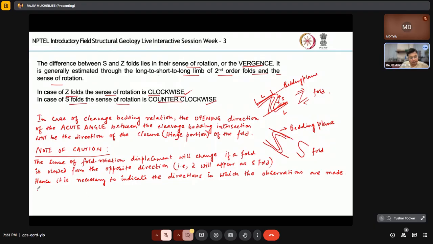So if possible, the fold should be viewed down plunge.